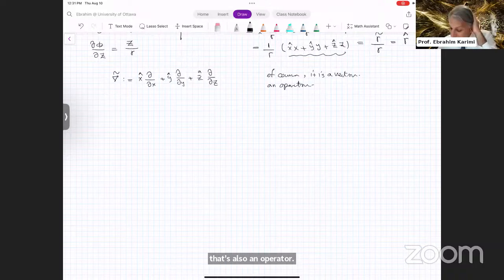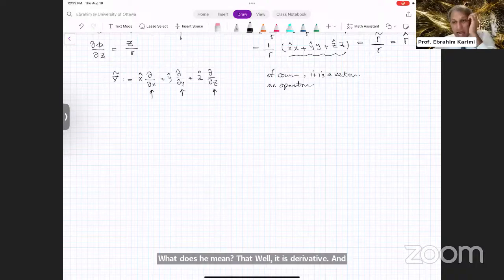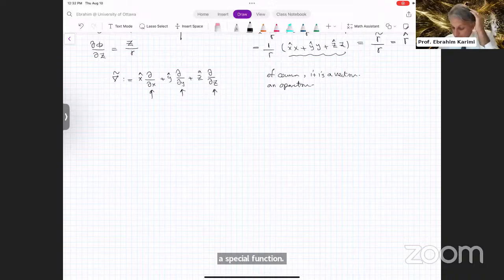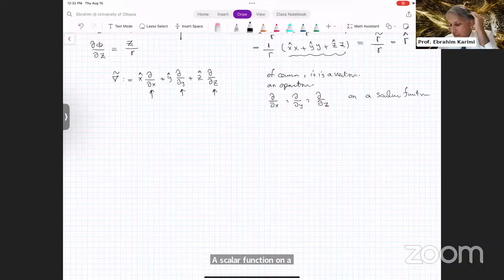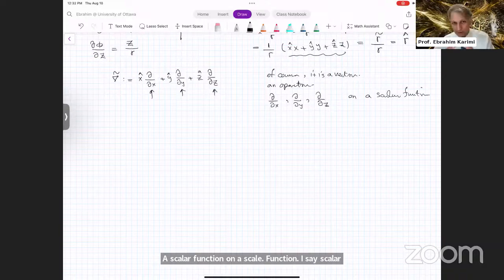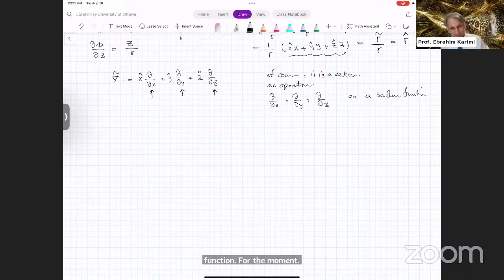Well, it is a derivative, and these derivatives should act on something, some specific function. So the derivative with respect to x, with respect to y, and with respect to z should act on a scalar function, I say scalar function for the moment, okay? And at the end, we can even generalize this.